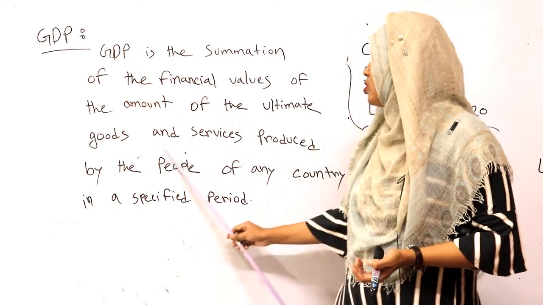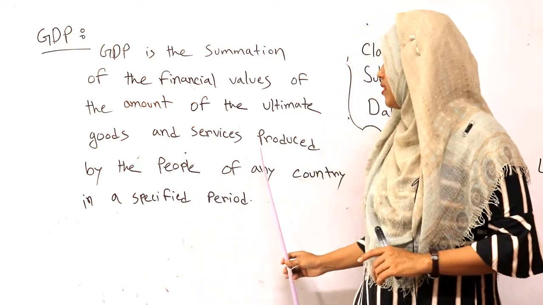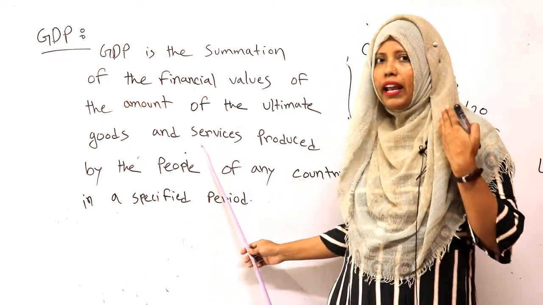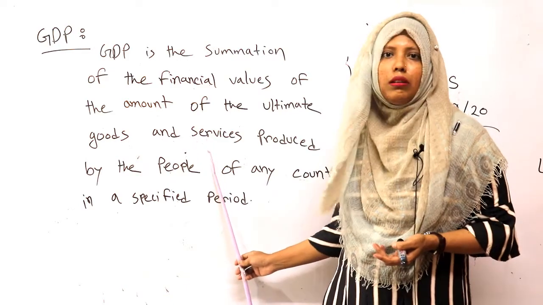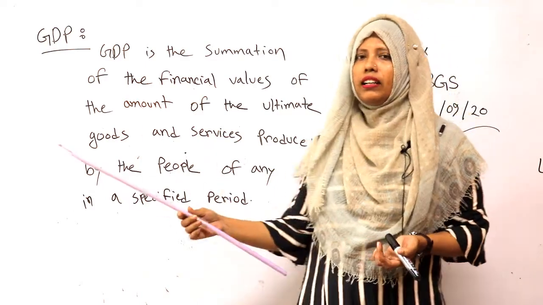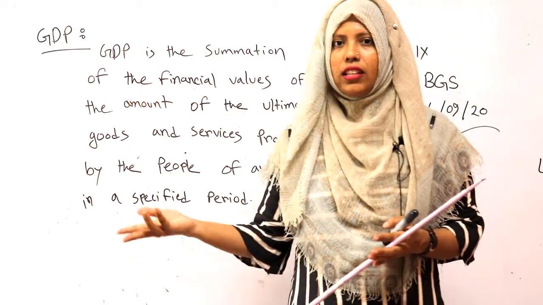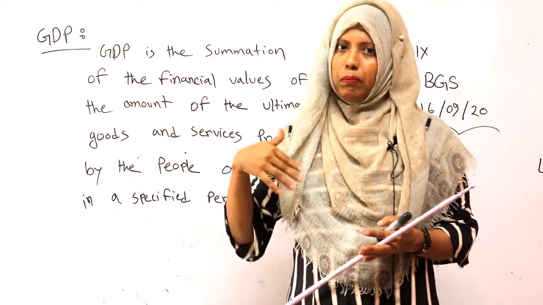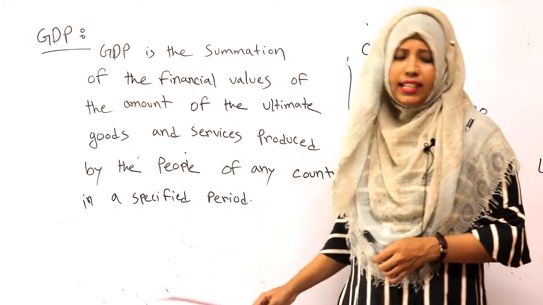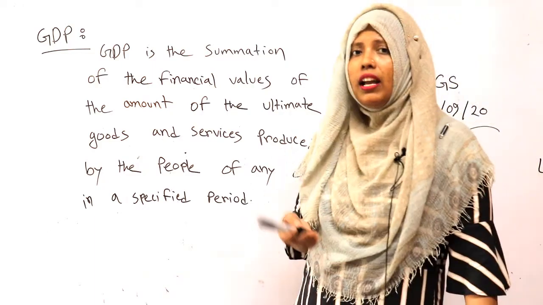The income from ultimate goods or services. Here services means many professions that do not produce goods but provide services, like the doctor and the teacher. They give services in the society and society pays them for the services. That is called GDP. I hope you all understand the definition of GDP and GNP.